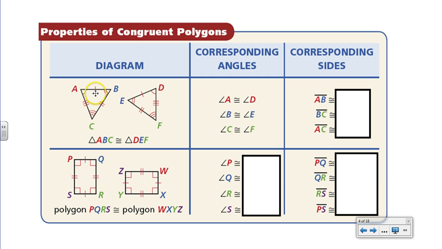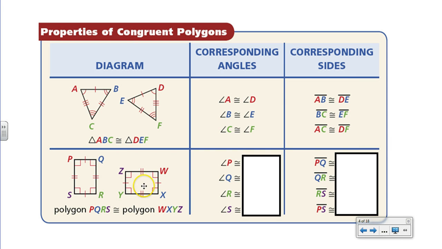Corresponding sides can be labeled with the same hash mark. So one mark tells us that AB is congruent to ED, and side BC would be congruent to the side that has the two marks. And so on. So we can say BC is congruent to EF, AC to DF.